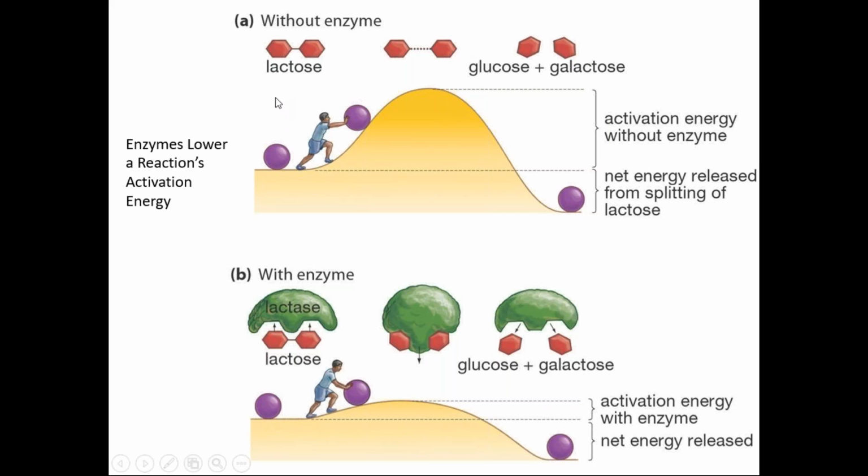Here, this reaction shows you the action of lactase on lactose, or beta galactoside, which breaks down lactose into glucose and galactose. So basically, what you need to understand is that enzymes lower the reaction's energy of activation.